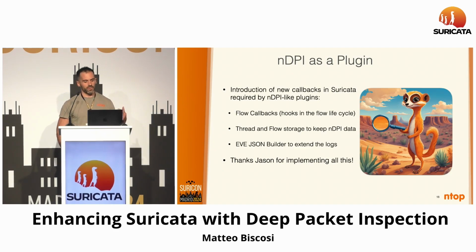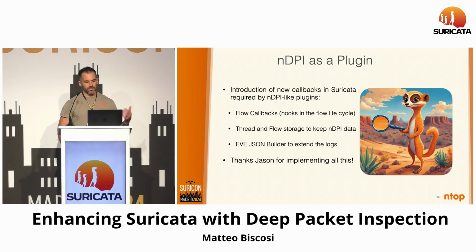with Suricata, because nDPI is a deep packet inspection library and requires access to the packet payload and requires some state in the flow for storing information about the dissection.